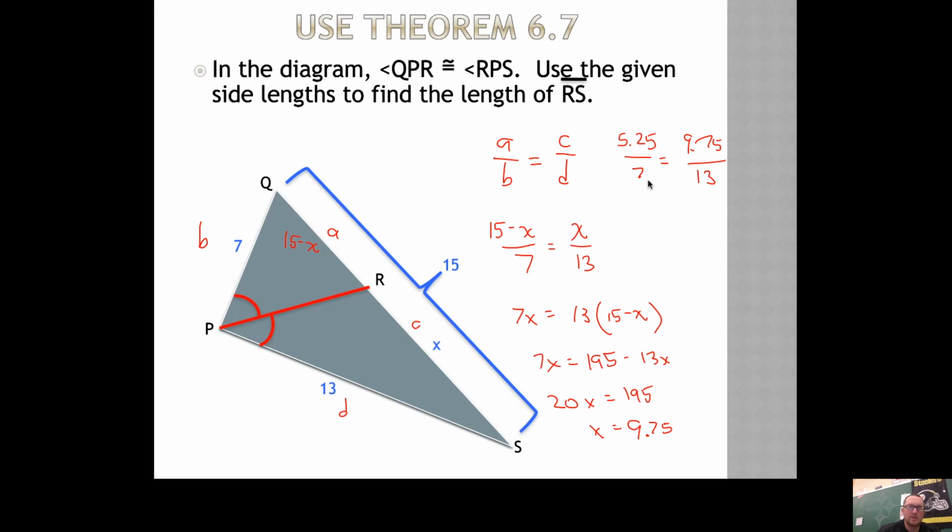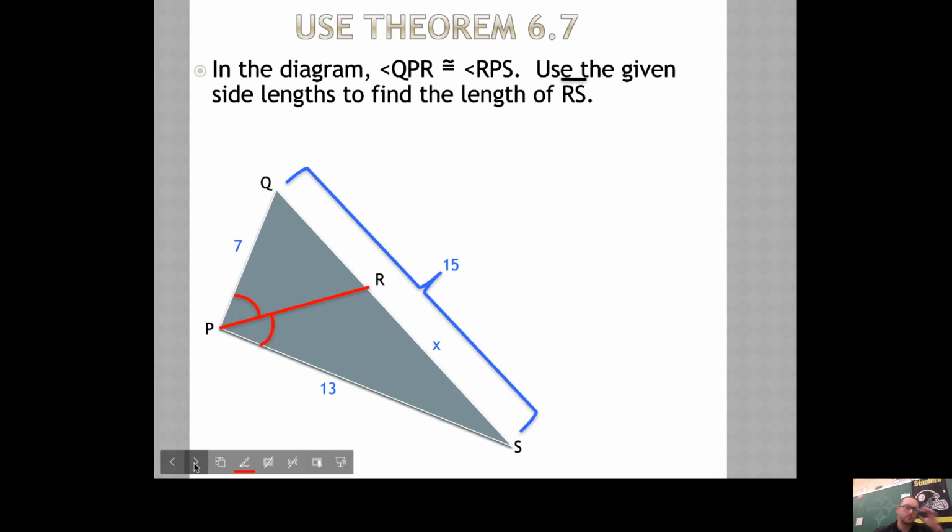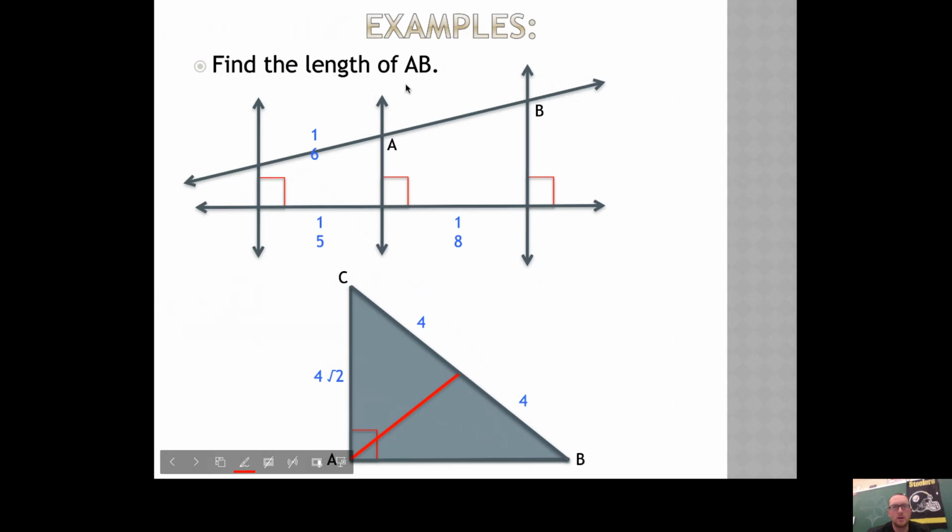Multiply those and multiply these. They should equal the same exact thing. That's how you know your answer is right.